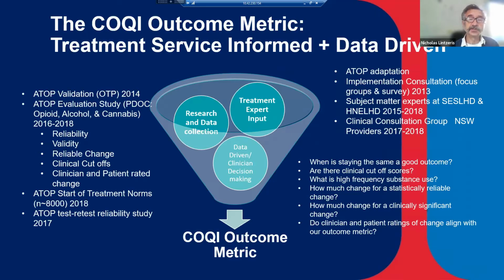Some of it has been about getting the necessary research around the ATOP instrument itself, understanding how much change is required for reliable change, as opposed to what might simply be measurement error, understanding the role of clinical cutoffs in an ATOP, and some of the issues around reliability and validity around the scale. So a lot of that work's been done over the years.